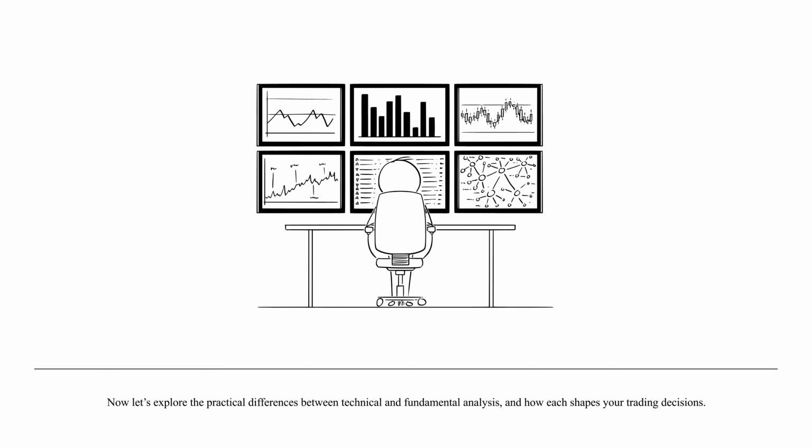Now let's explore the practical differences between technical and fundamental analysis and how it shapes your trading decisions. So here's the main difference. Technical means only the chart, only the price. Fundamental means economic data and news.